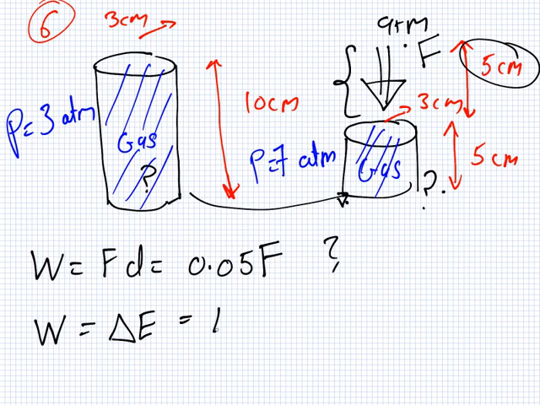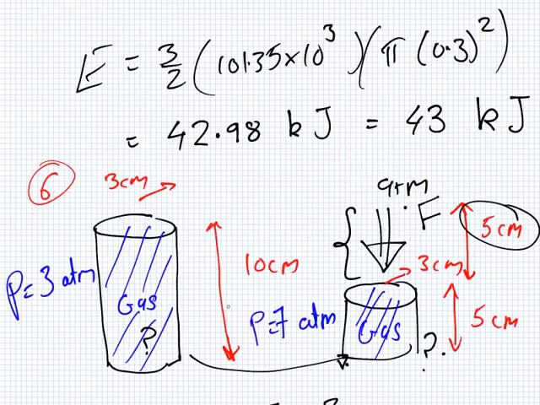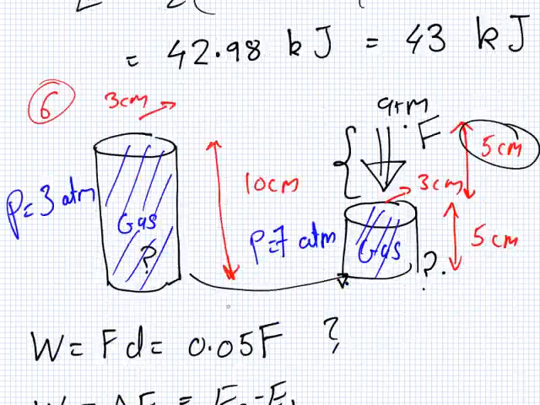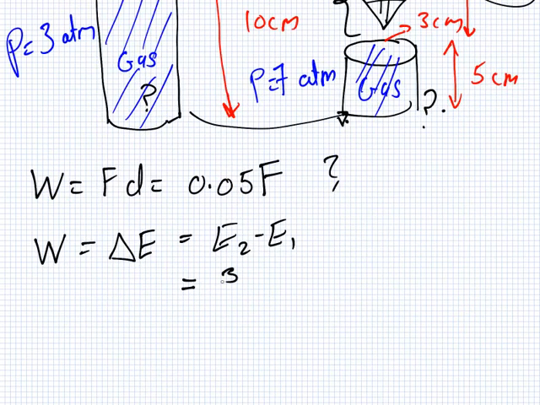So we have energy 2 minus energy 1. What's the formula for energy? 3 over 2 PV. So 3 over 2 PV minus 3 over 2 PV. Now, do you know the P's and the V's? You do.